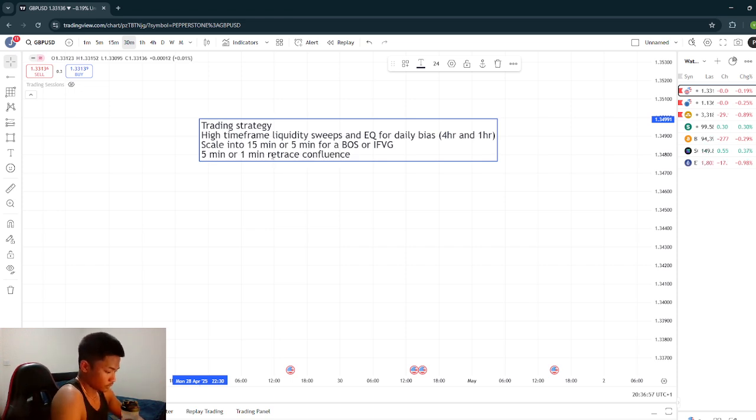Okay, whether that be our fair value gap or our order blocks or equilibrium.